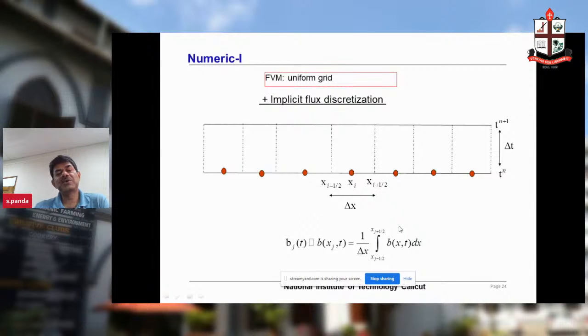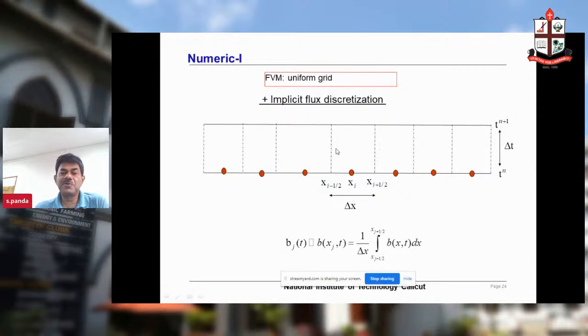So the finite volume method idea is that this is one volume, let's say at xi. In a finite difference, you compute at xi. This is my domain length, and this is my time domain, time growth. So at one point xi, I compute my solution exactly. But finite volume is not like that. Your volume is within a neighborhood of xi minus half and xi plus half.